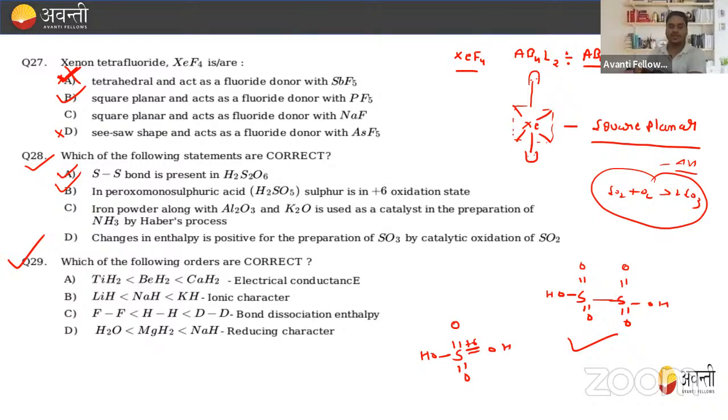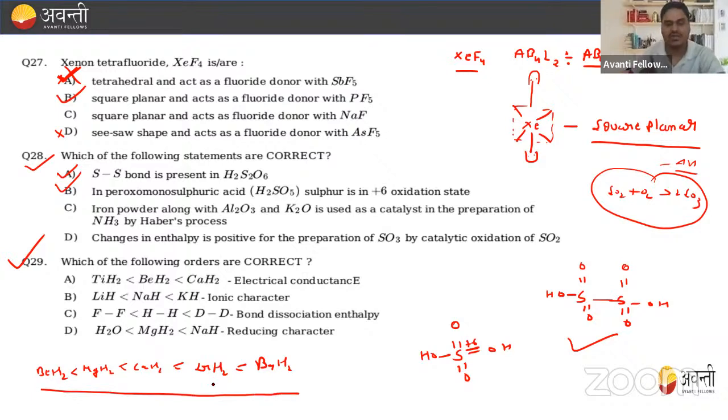So which of the following orders are correct? Whether the electrical conductivity orders are correct or not. This one is the correct relationship, right? BeH2 having the lowest and CaH2 having the highest.